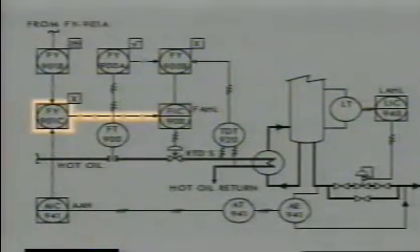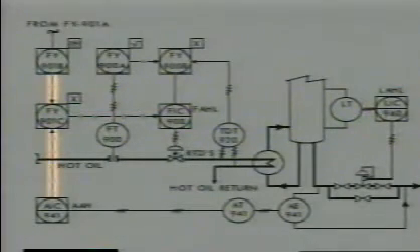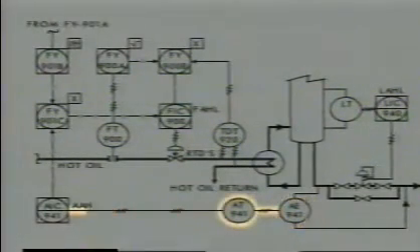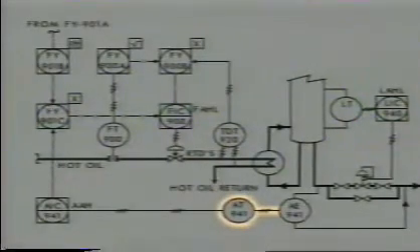This flow indicating controller has a second input from flow multiplier function 901C. Multiplier function 901C also has input signals from two sources. One input originates at a field-mounted analysis sensor in loop 941. This sensor sends an electrical signal to an analysis transmitter.